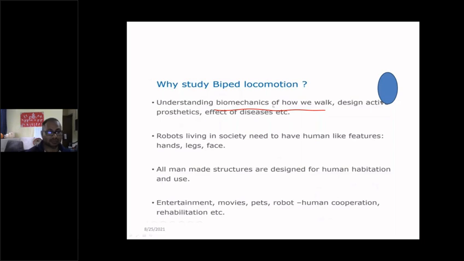This study also helps you design robots which can work very similarly to human beings, because robots are nowadays working in human society and they require hands, legs and faces. The entire human structure is defined for human beings, so we have to access all sorts of environments.